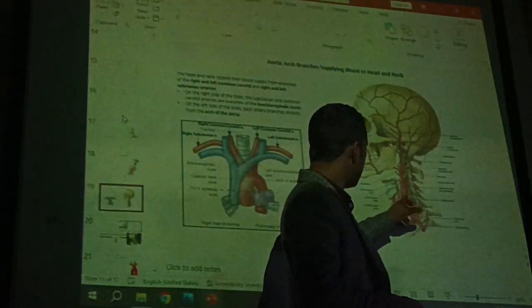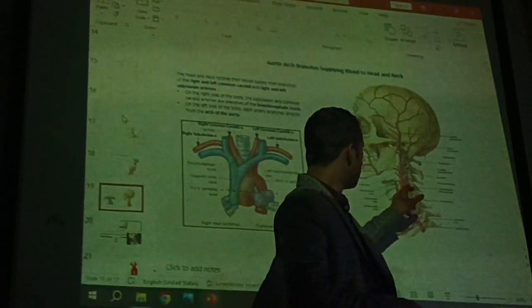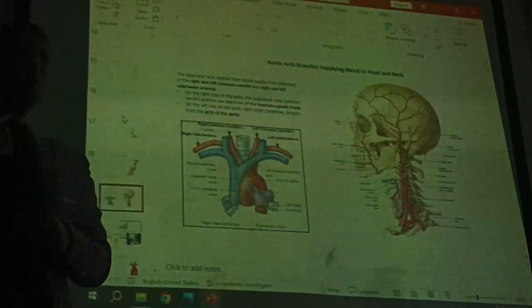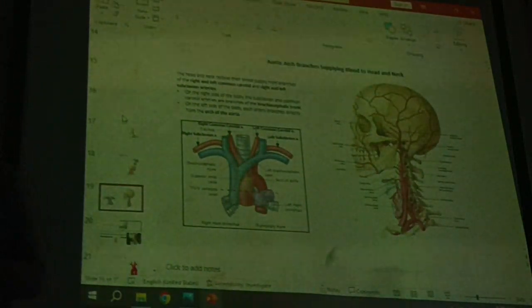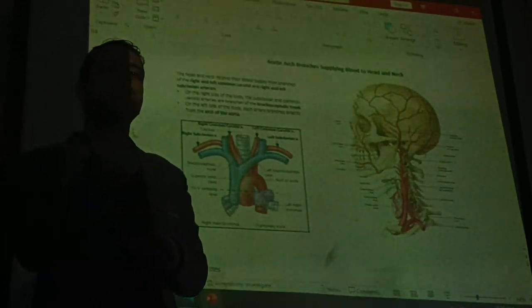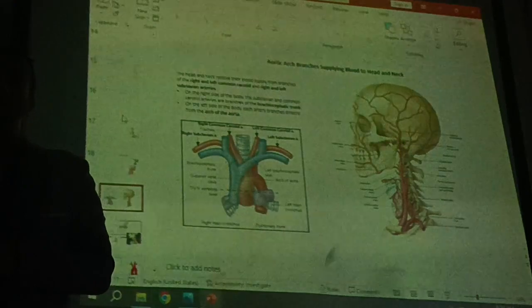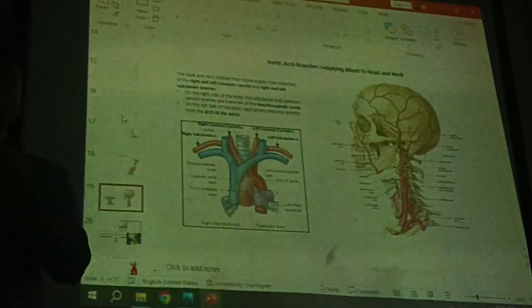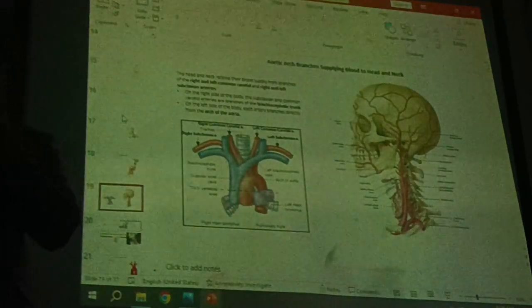The common carotid artery travels superiorly to arrive at the level of the superior border of thyroid cartilage, which we name Adam's apple, or laryngeal prominence.